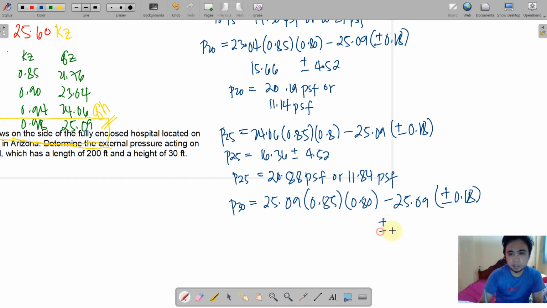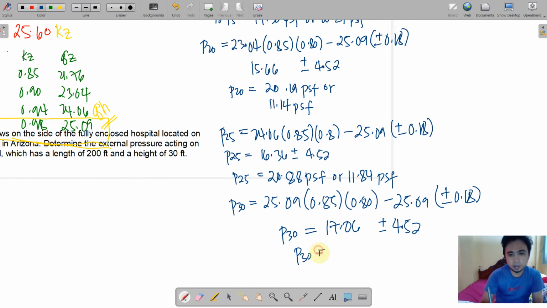So, ito plus minus na yan. This one, 4.52. And then, 25.09 times 0.85 times 0.8 is 17.06. So, this is P30.